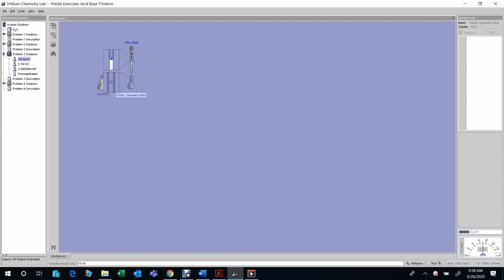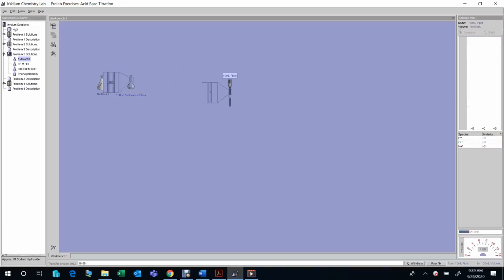So when the solution level reaches this line, it means the solution is exactly 10.00 milliliters. Same thing for this flask. You see there's also a line, and when the solution level reaches here, it tells us the volume is 100 milliliters. Okay, then we pour.